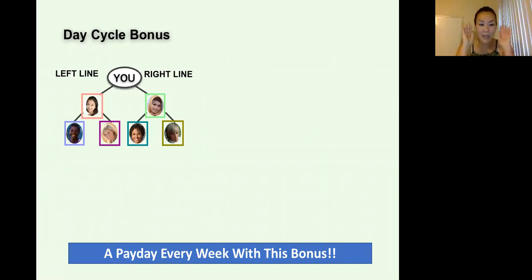So you have a right group and a left group, and every one of us has a right and a left. Do you see these 6 people placed left and right? As you refer people, or your downlines refer people, everybody goes under the people at the very bottom.